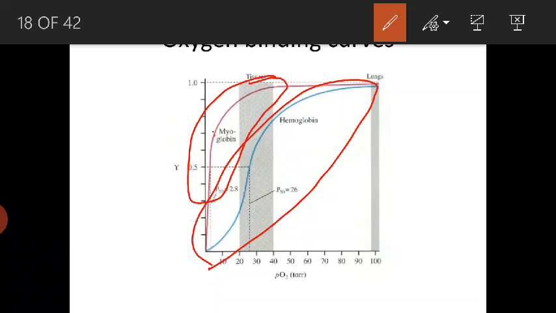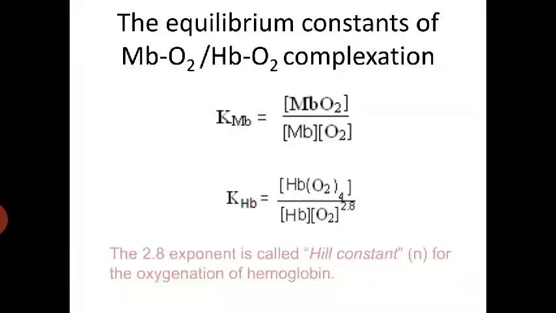So we can write an equation for this binding constant also. K is equal to F by 1 minus F times p, or F is equal to Kp by 1 plus Kp. So this equation is for the hyperbolic curve for MbO2 binding.